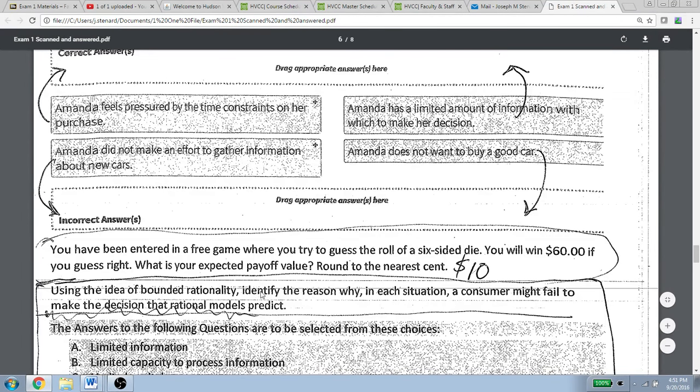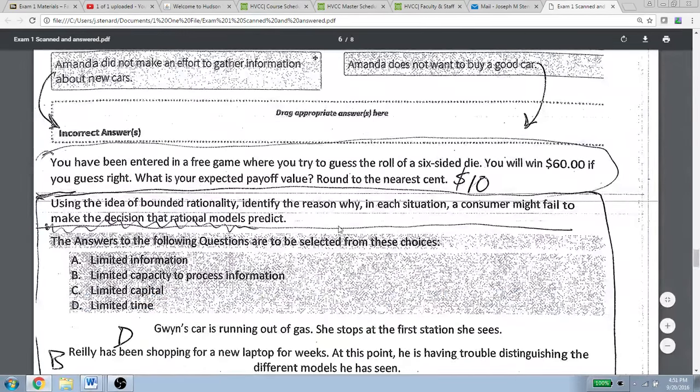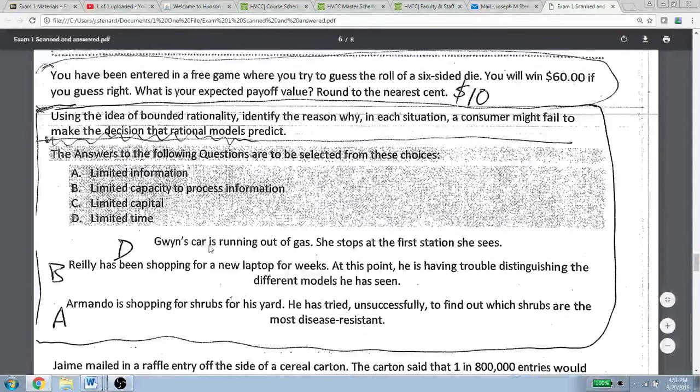Use bounded rationality. Identify the reason why in each situation a consumer might fail to make the decision that rational models predict. You have limited information, capacity, capital, and time as your possible choices. Gwen's car is running out of gas. She stops at the first station she sees. Limited time. Riley has been shopping for a new laptop for weeks. At this point, he's having trouble distinguishing the different models he's seen.